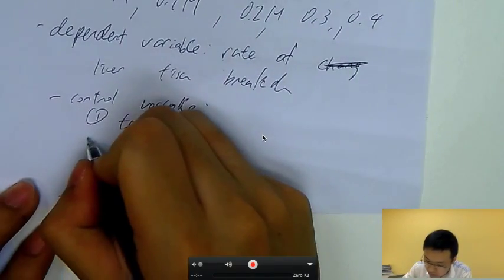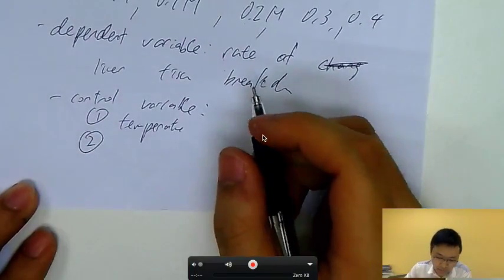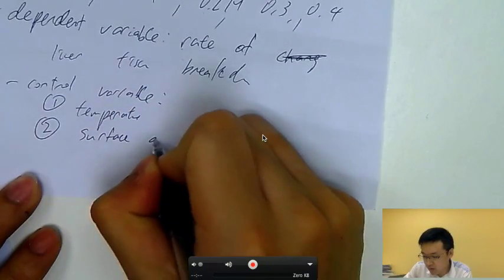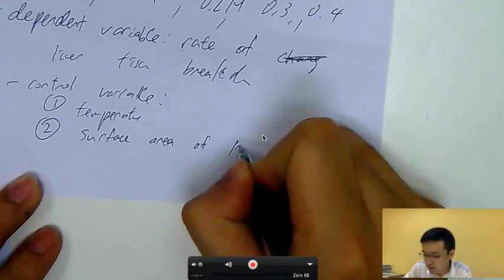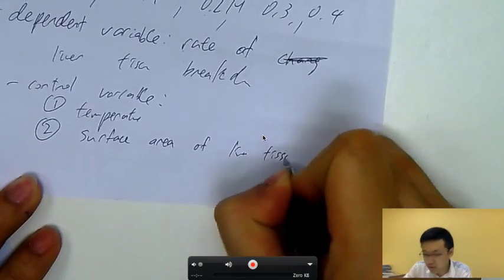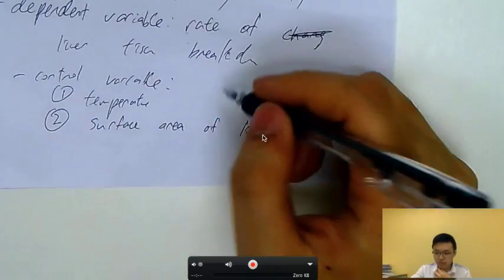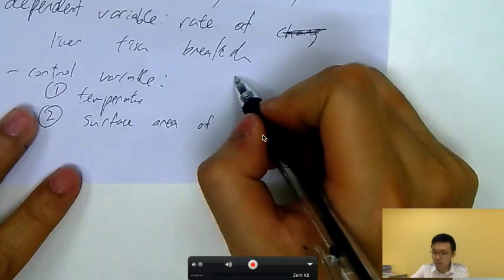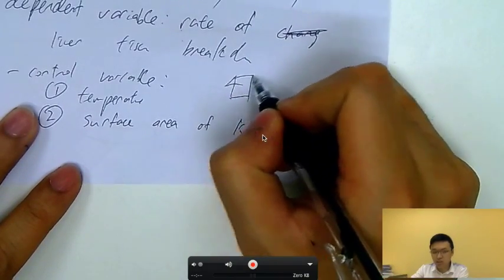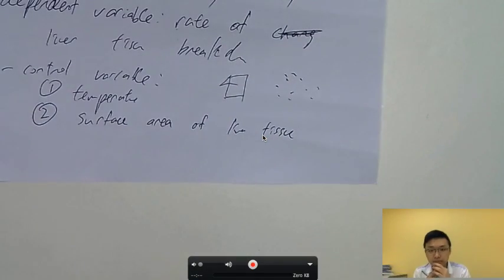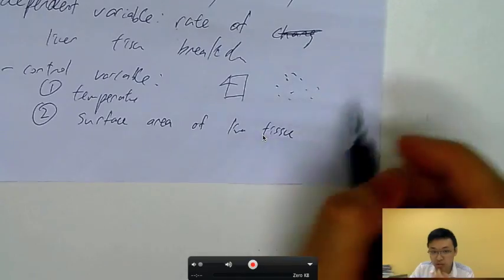The second thing that affects rate of reaction is the surface area of the liver tissue. If you study chemistry, if the surface area of liver tissue is bigger, let's say you have a liver tissue that is cubed versus a liver tissue that is in powdered form, in powdered form there's much more surface area for reaction.